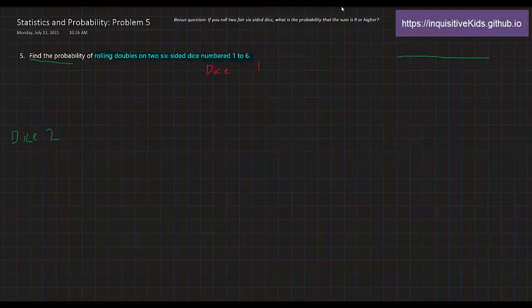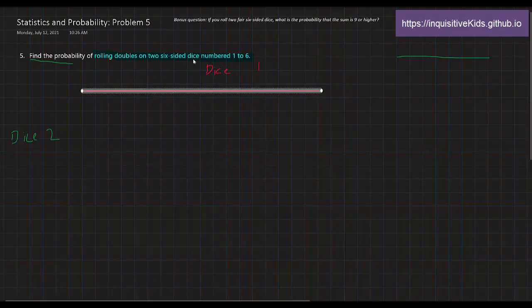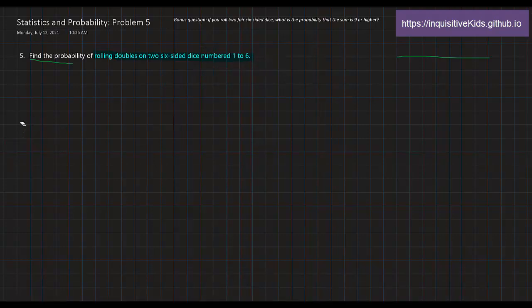And what I'm going to do here is make a grid for all of the possibilities. Actually, you know what? Let's first not make the grid. I just want to ask you something. How many possibilities are there?